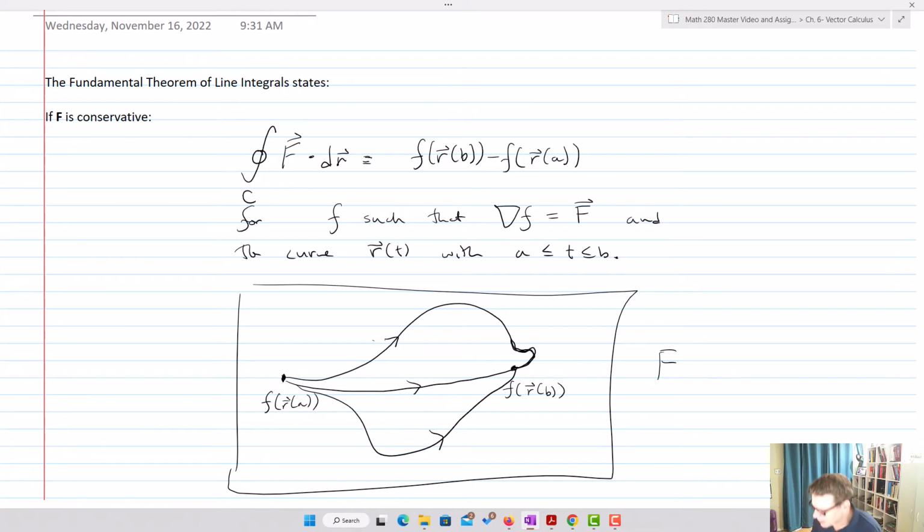Basically, what that does is it takes this two-dimensional problem, which is finding the value of the field over a two-dimensional space, the entirety of the field on that curve, and reduces it to finding it at its endpoints, at the boundaries, right? We can think of f(r(a)) and f(r(b)), these endpoints of our curve, as boundaries of the curve.